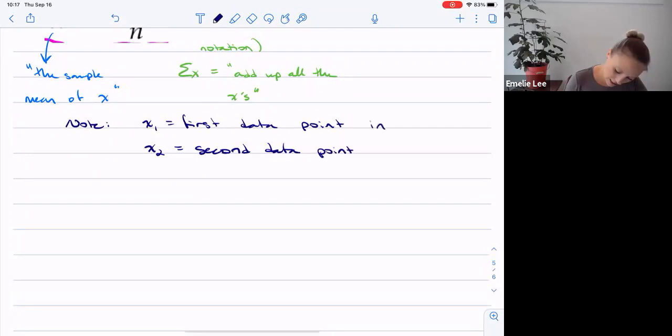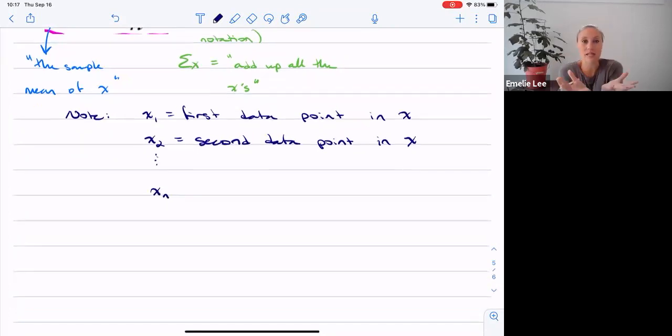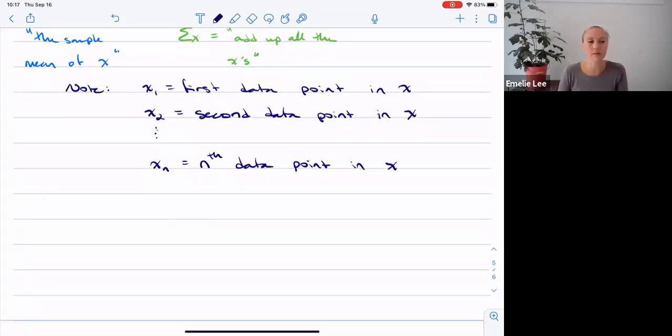So in general, we call it X, but then X1, X2, X3, all the way up to X subscript N, which is the final data point because that's how many data points you have. So in general, we say that we have the nth data point in X, right? So that's just good to have a good handle on. It's really not that bad, right?